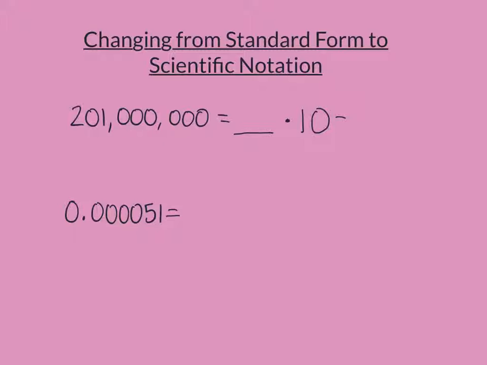So what we're going to do is we'll start where the decimal point currently is. And in this first example here, the decimal point is at the end of the number. It's a whole number. So we have an invisible decimal point here. And then we're going to move it until we get to a number that is at least 1 and smaller than 10. So I'm just going to see how many times I need to move it.